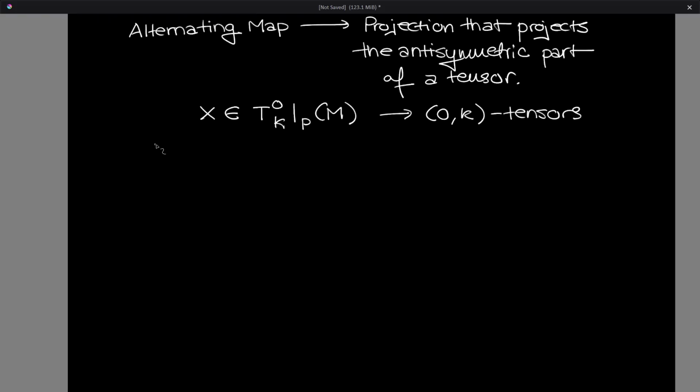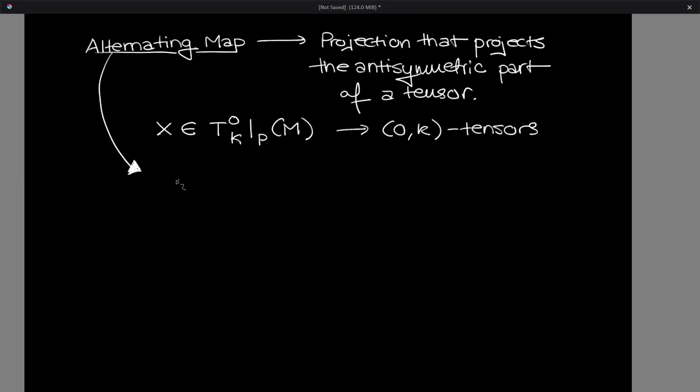Let's see how we can construct the alternating map. The first thing we need is a way of permuting elements. Let's take sigma an element of Sk. What's Sk? It's the group of permutations of k elements.